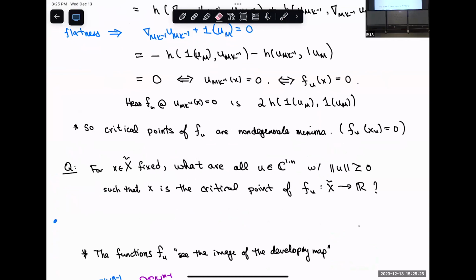Okay, so now I end with this thing. My question to you is, if I fix x in the universal cover. So before, I needed to fix a vector and I had a function from the universal cover to R. Now I'm going to fix a point in the universal cover and ask, what are all of the positive or non-negative vectors which have this x as a critical point?